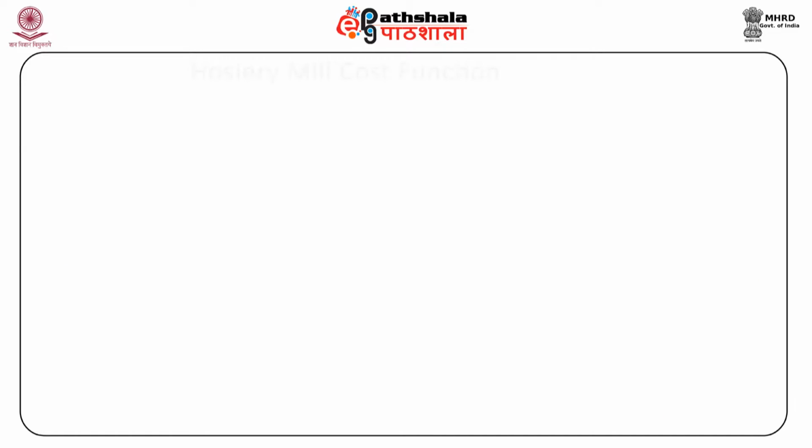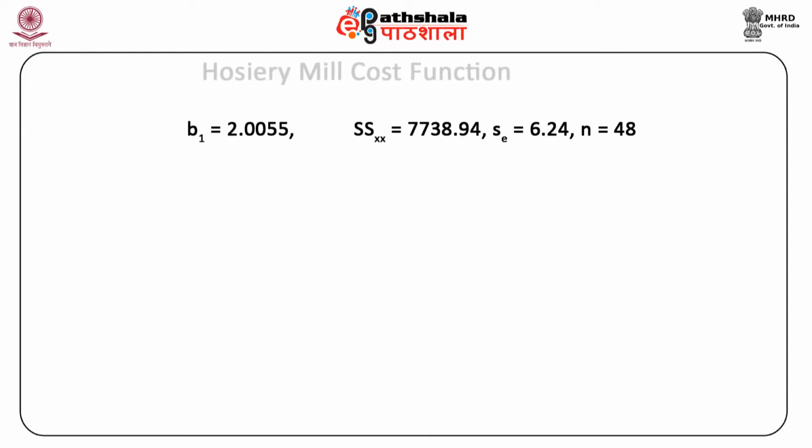We have another example of hosiery meals cost function. Suppose similarly we have B1 equal to 2.0055 and SSXX is 7738.94 and SE is equal to 6.24 and n is equal to 48.